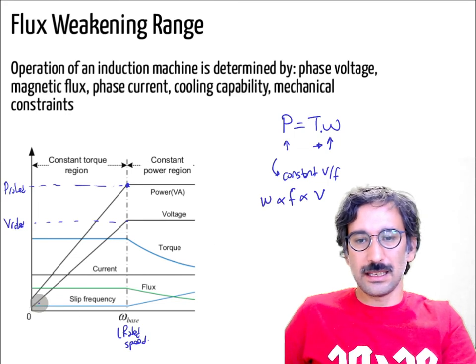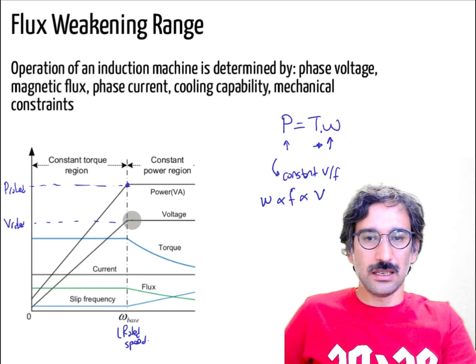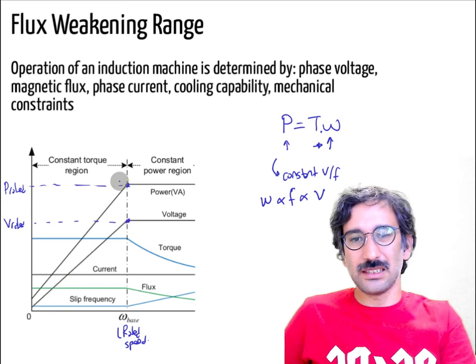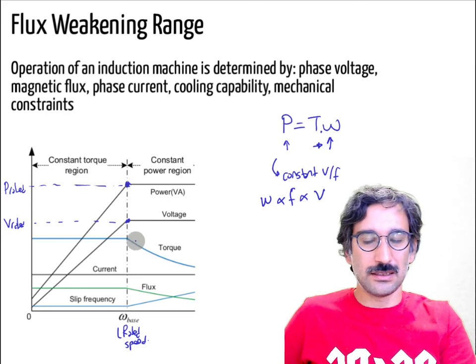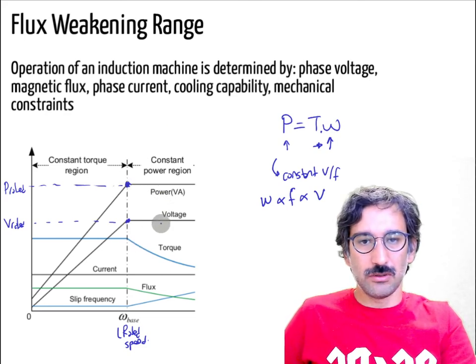So during the constant torque region, the applied voltage, which is that line, is also increasing until you reach that point. They don't have to be exactly the same point, but anyway, it's shown like that there.